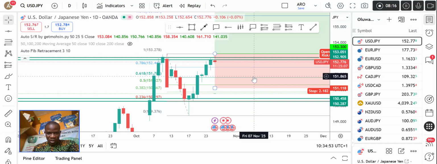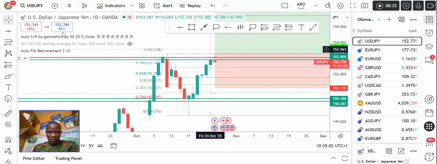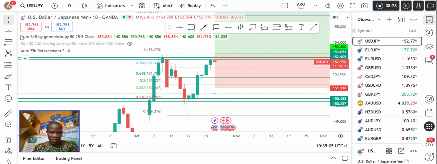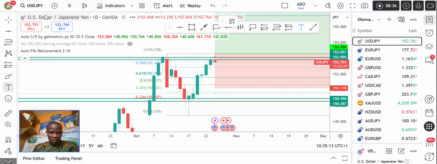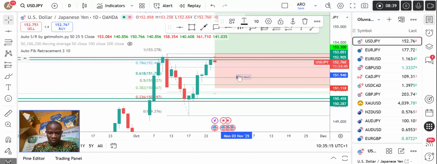Here might be a possible entry for us. Here may be a possible entry, and also here may be another possible entry. Let me put it there. A possible entry for a buy.